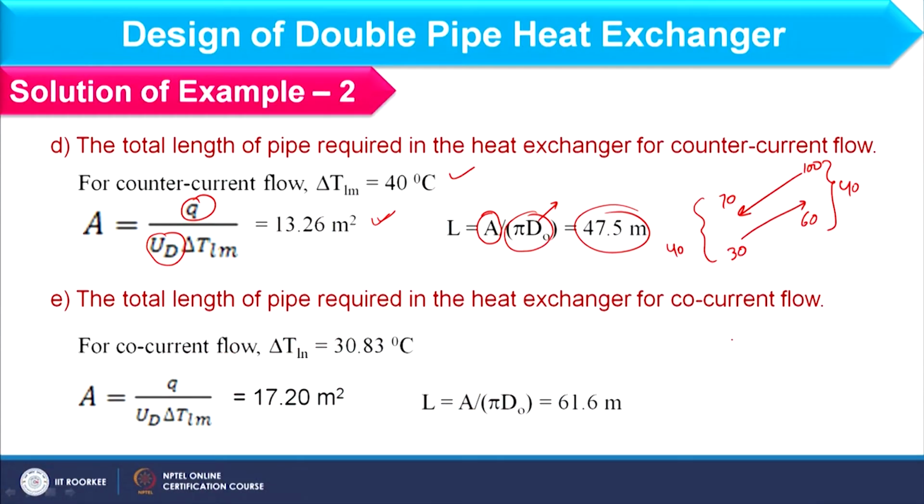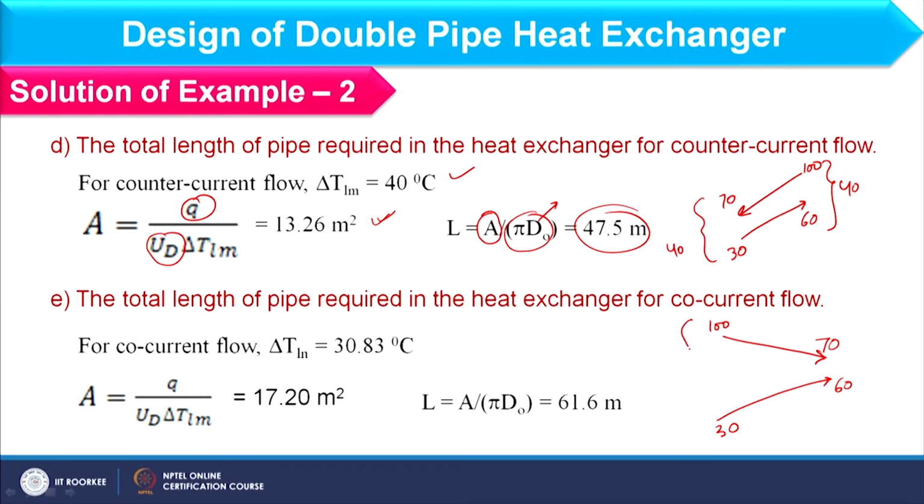If I am considering co-current, then the start temperature of hot fluid should be 100, right, and end temperature is 70 degree Celsius. Fine. In the similar line, the initial temperature of cold fluid is 30 degree Celsius, and the final temperature of cold fluid is 60 degree Celsius.